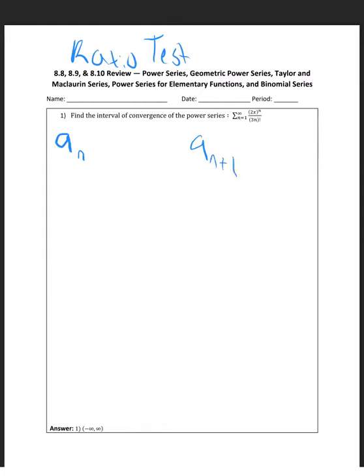Okay. So a of n is 2x to the n over 3n factorial. Yes. And then a of n plus 1 is 2x to the n plus 1 over 3n plus 1.